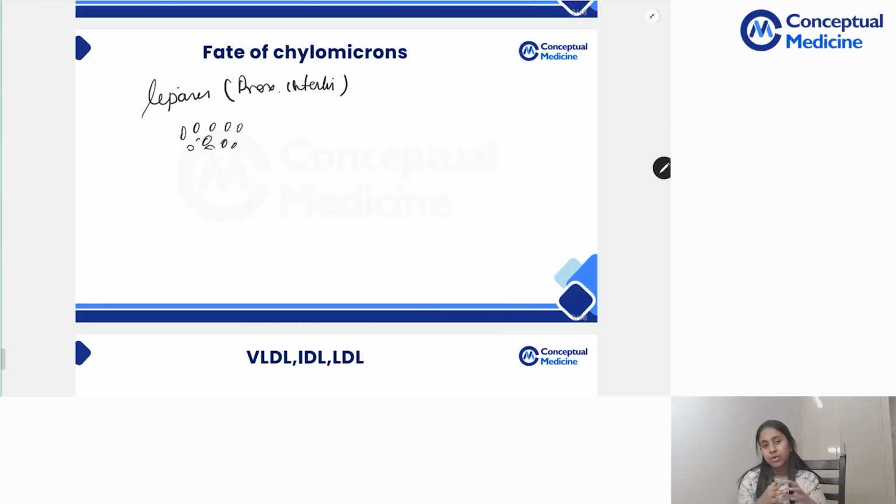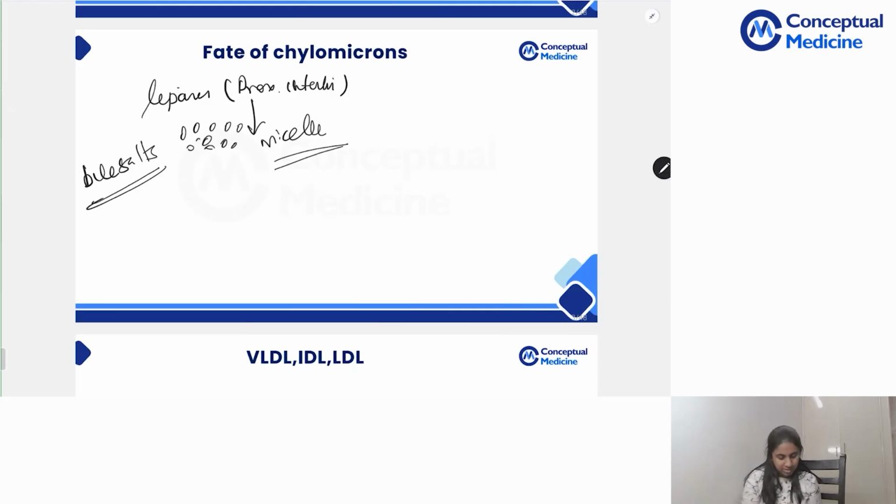Now, the next important factor that has to happen here is micellification, micelle formation. These small fat globules have to be made into a more uniform texture, and only then would they be easily taken up by the enterocyte. And for this, bile salts play an enormous role.